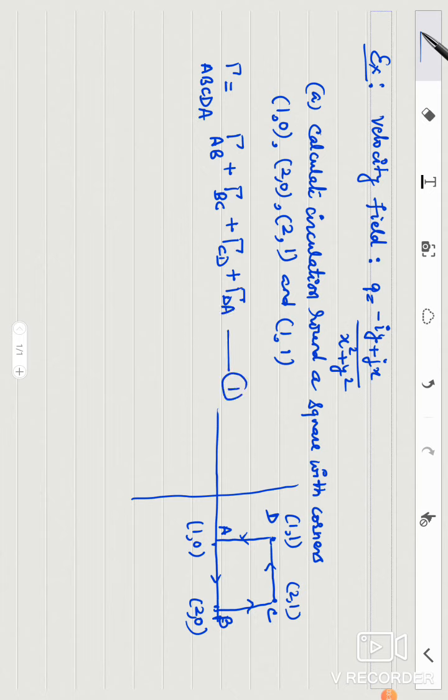So it comprises flows along 4 lines. I have written it in this way because I am calculating it in the anti-clockwise direction.